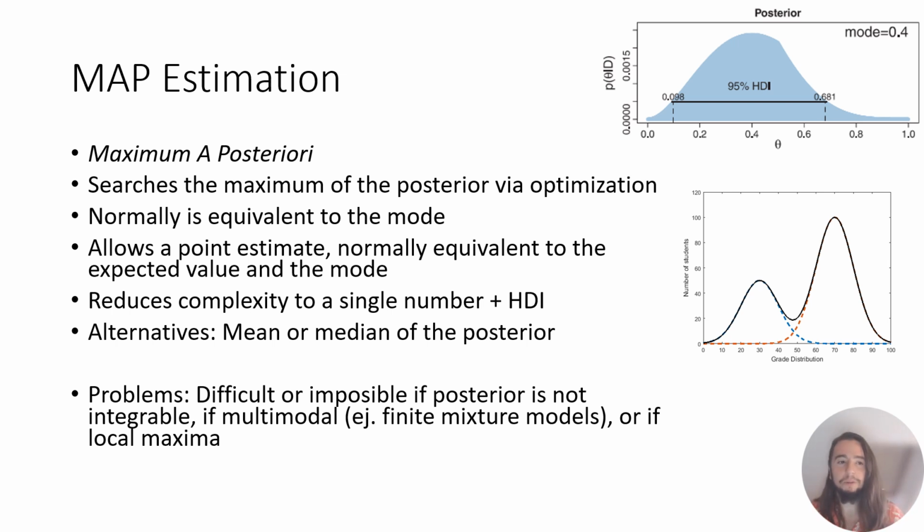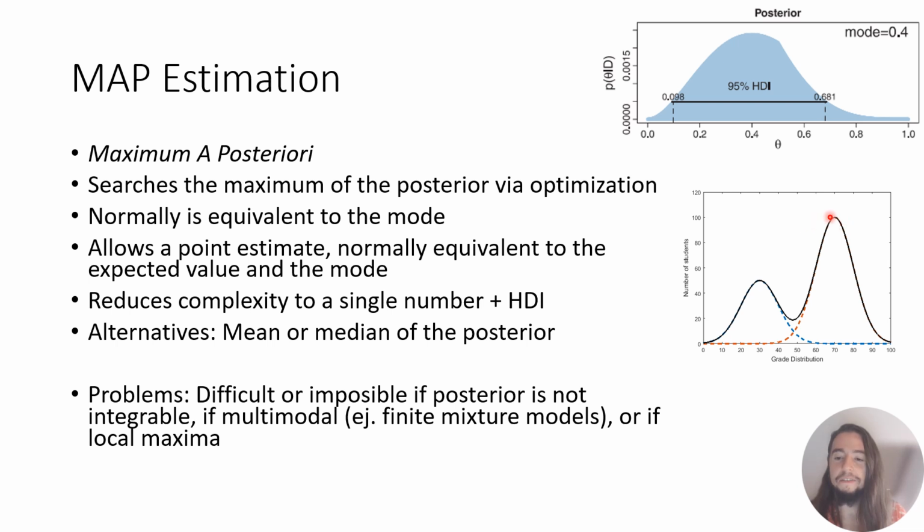However, there are problems with MAP estimation in some complex aspects. For example, if the posterior is not integrable, it can be very difficult to make a MAP estimation, or just impossible. Or if we have multimodality, like something like this, the MAP can be trapped in a local maxima, for example, this one, and not being able to get to the real maxima, that is this.